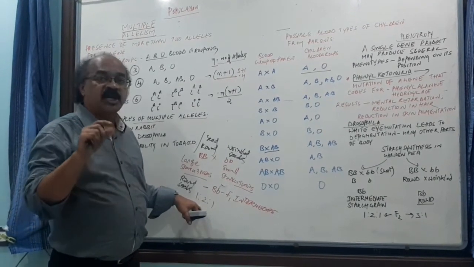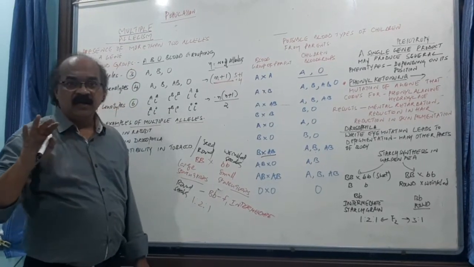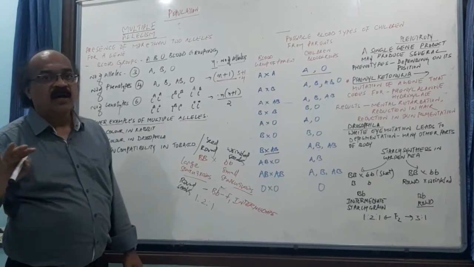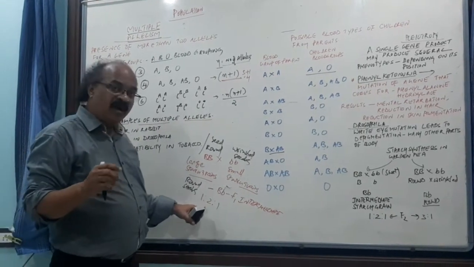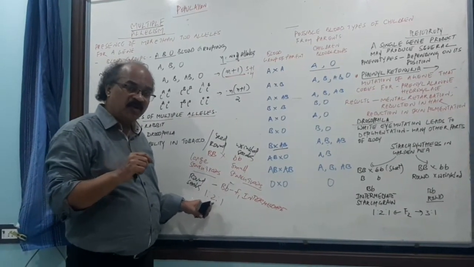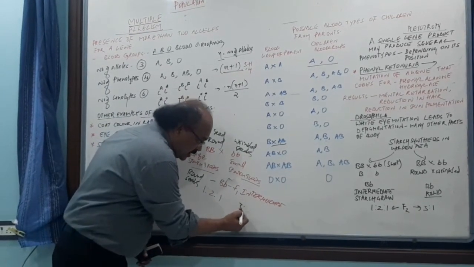For shape of the seed, it is showing the regular Mendelian dominance law, 3:1. So for one aspect it is showing 1:2:1, for the other aspect it is giving 3:1.